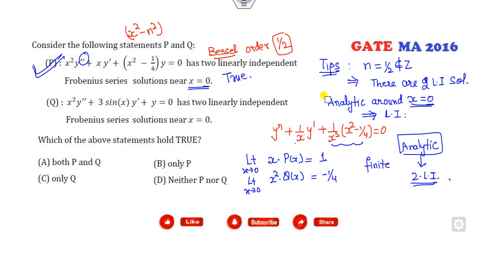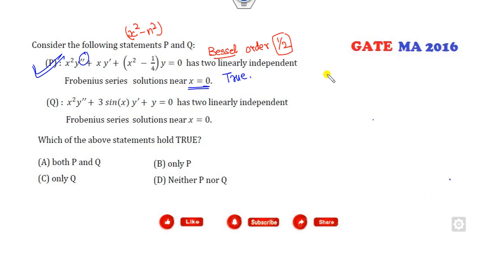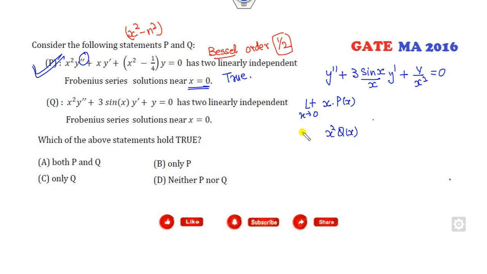Same concept I can apply for the second one. Again, I can find the solution around this. So what is that? I can firstly make it in a simple manner: y'' plus 3 sin x over x y' plus y over x square is 0. So what is the limit as x approaches 0 of x into px and x square into qx?